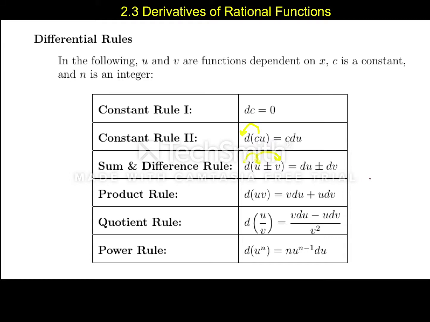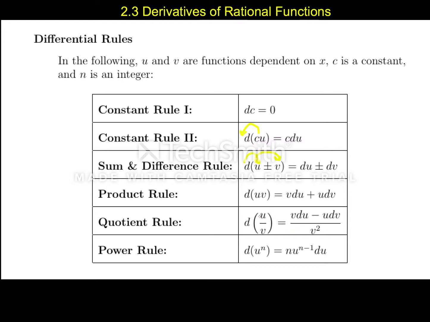It distributes. Now, multiplication, the differential does not distribute across multiplication directly. What we get is v times the differential of u plus u times the differential of v. And then similarly, we have a quotient rule where we do the derivative of the bottom times the derivative of the top minus the top times the derivative of the bottom over v squared.